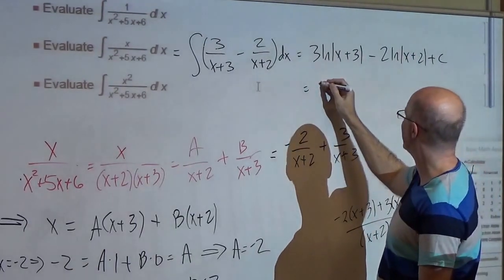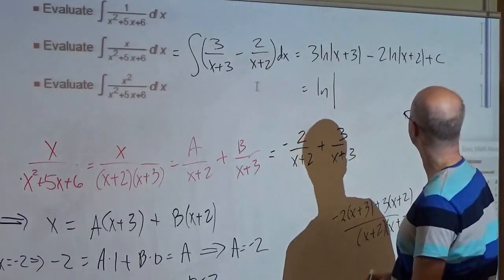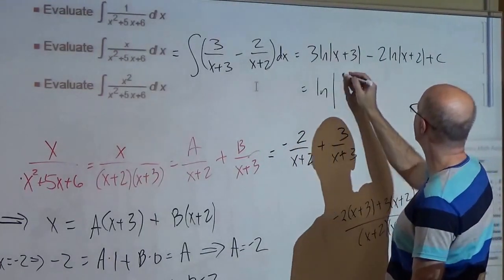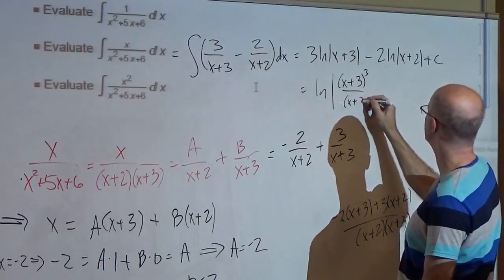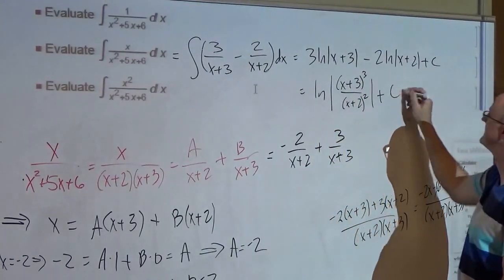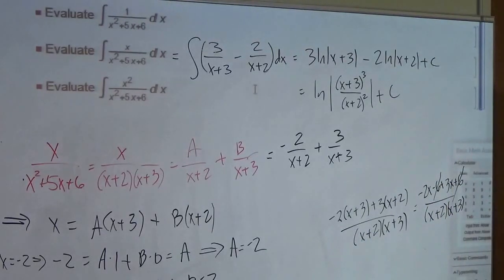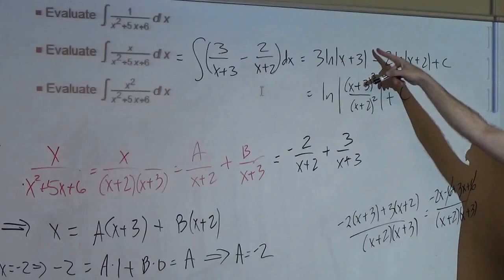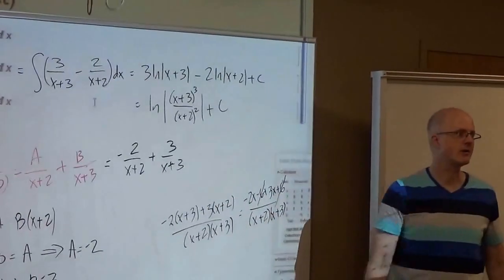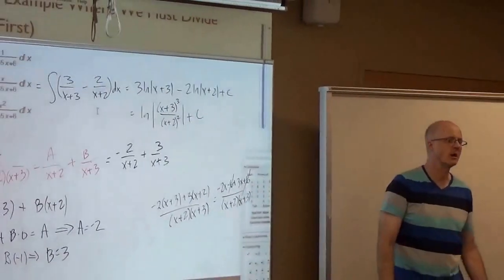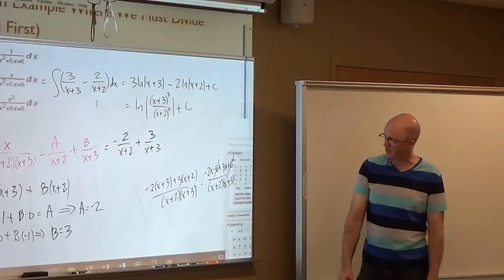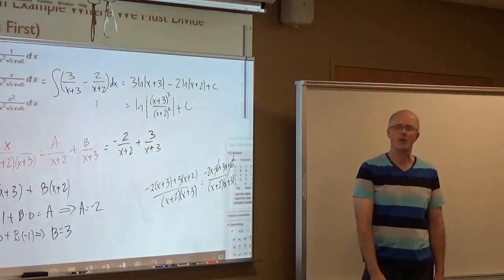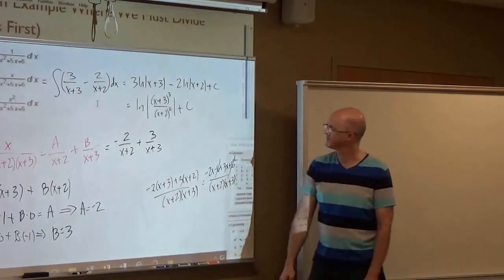That can also be written as natural log of the absolute value of x plus 3 quantity cubed over x plus 2 quantity squared plus c. That's an okay way to write it as well. So I brought the 3 up there and the 2 up there, and then I combine the logarithms like before. The difference of 2 logs is the logarithm of the quotient. And again, the absolute value signs can go around the entire thing if you like, or each individual thing, it doesn't matter.